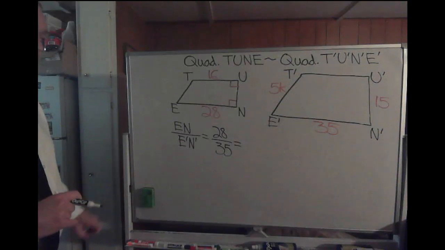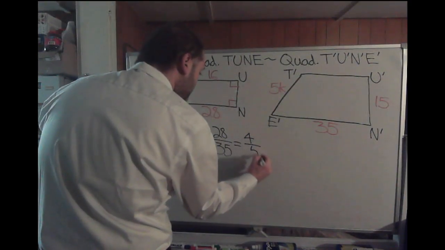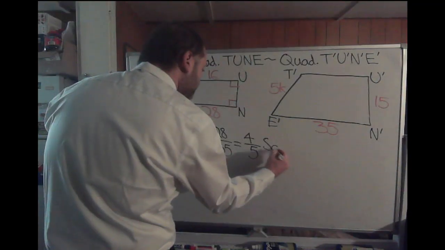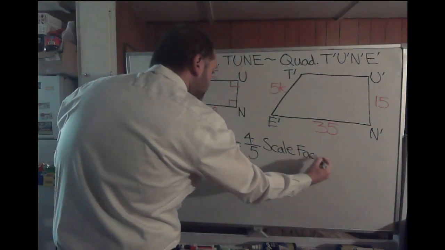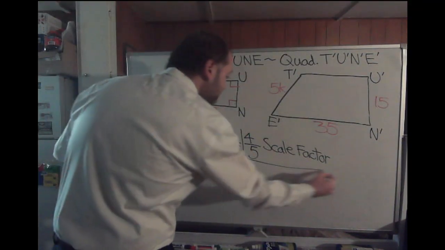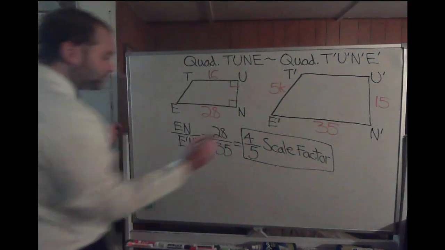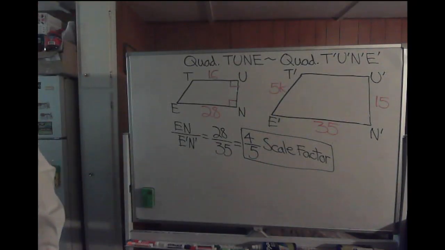What's that going to simplify to? That would be 4/5. So the scale factor between the two polygons here, the two quadrilaterals, is going to be 4 to 5. So we identified our scale factor being 4 to 5.